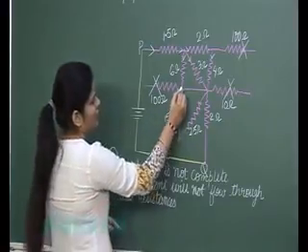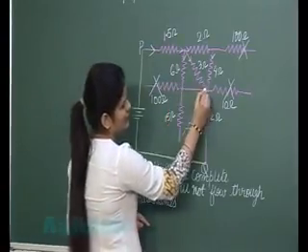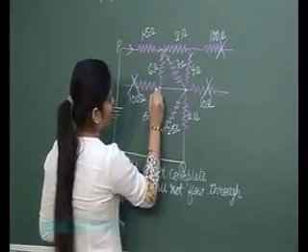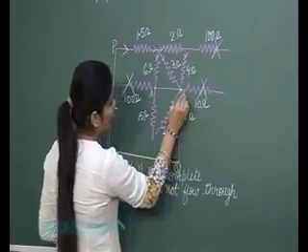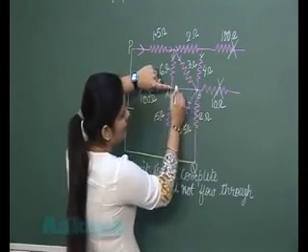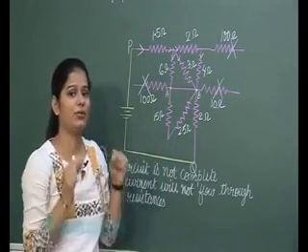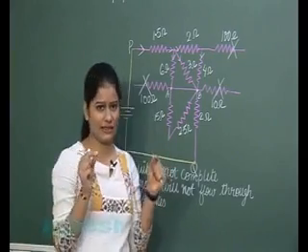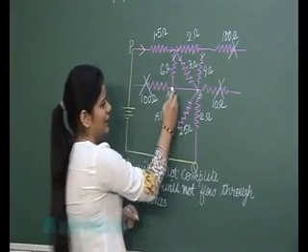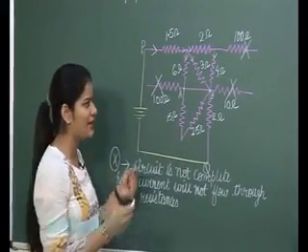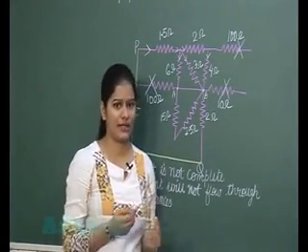So now student, these 2 points, let's name it as A and B. These 2 points are connected with a connecting wire. Whenever in a circuit 2 points are connected, it means these 2 points have same potential, or we can say that these 2 points are short circuit.